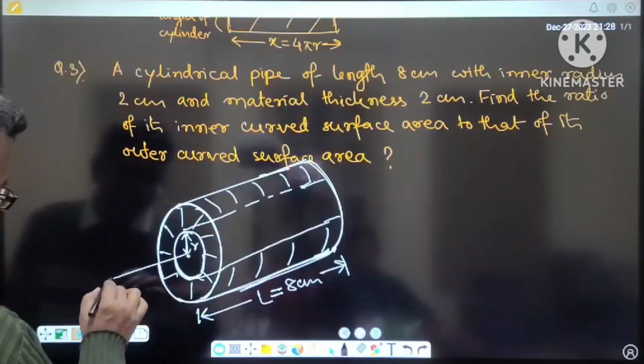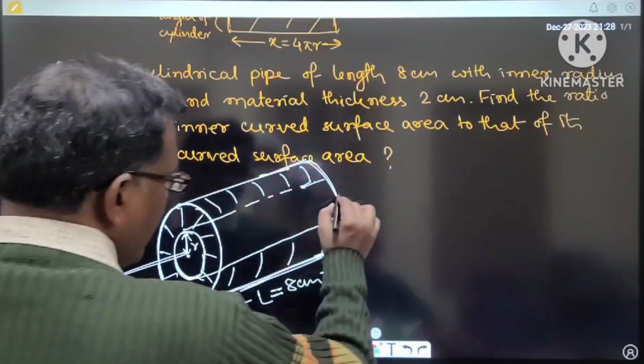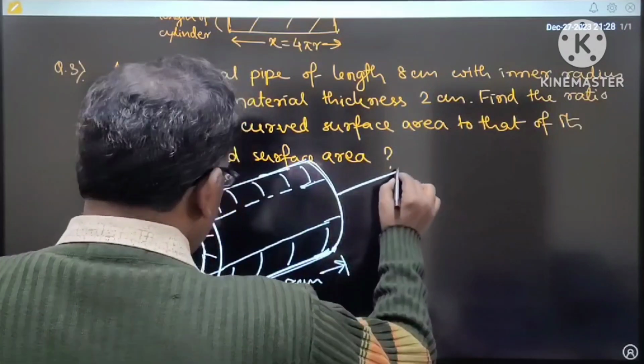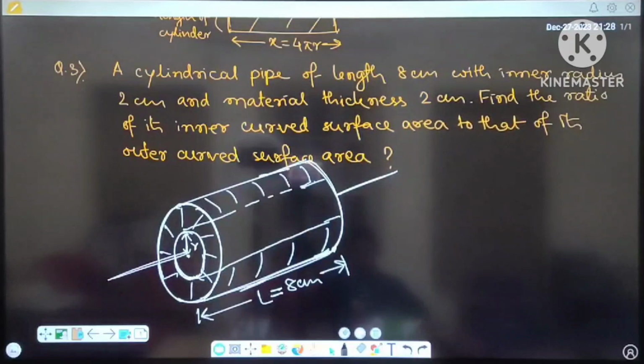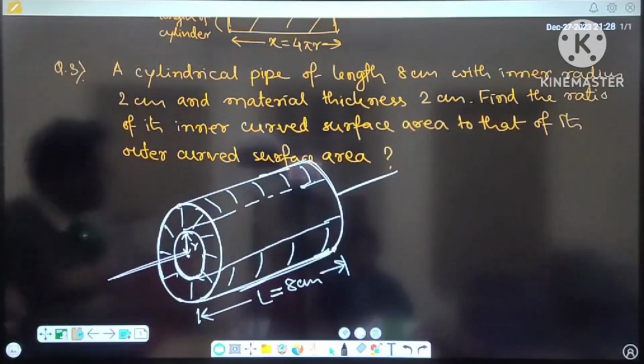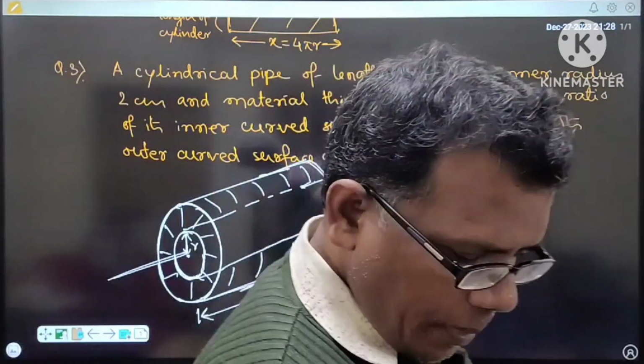You can imagine the axis of the cylinder that can be drawn like this. This is the axis of a cylinder through the center. So a pipe can be visualized like this.